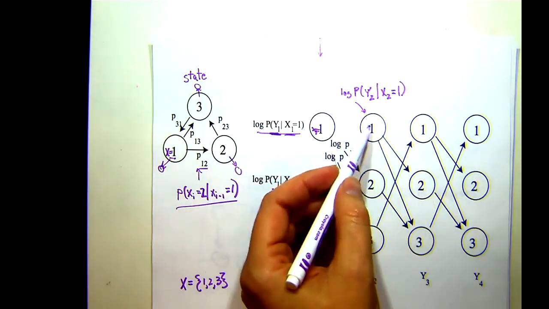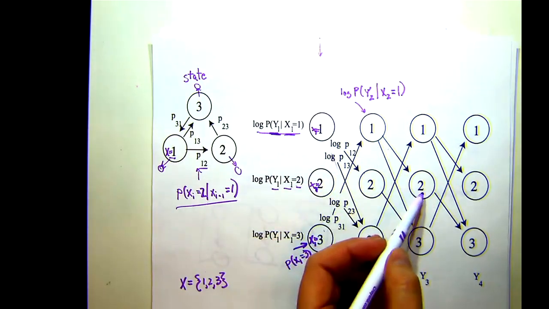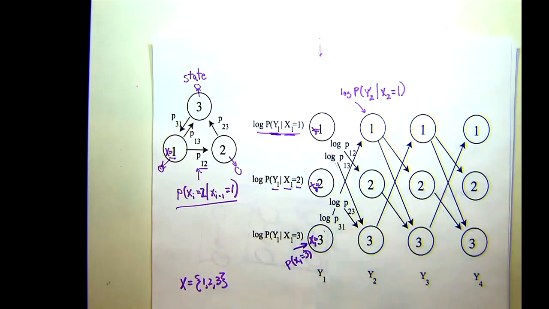This probability, this probability, this probability. So you just add them up. Any path you take, you just add up the probabilities. So if you want to know a specific x and a specific y, it's really easy to recover the overall probability of that particular thing.